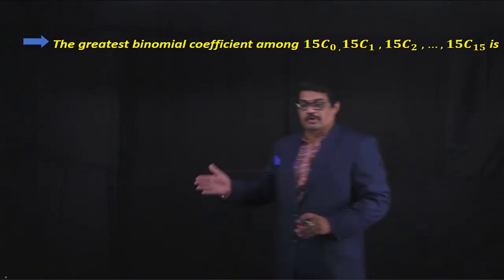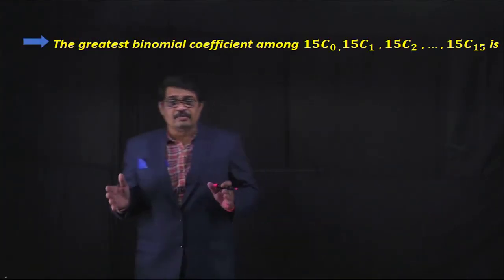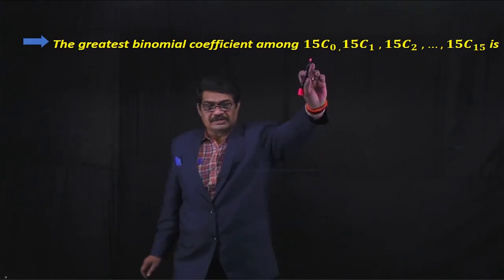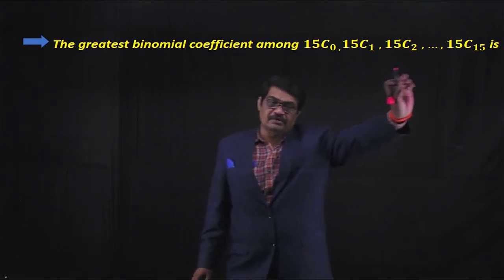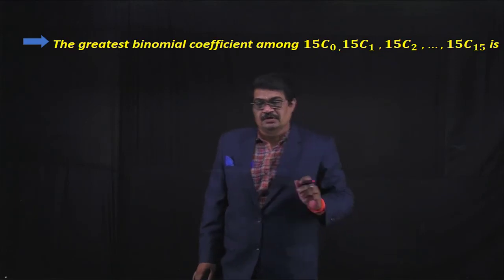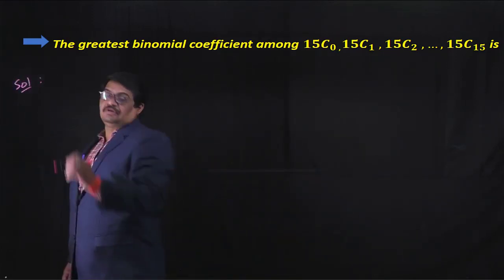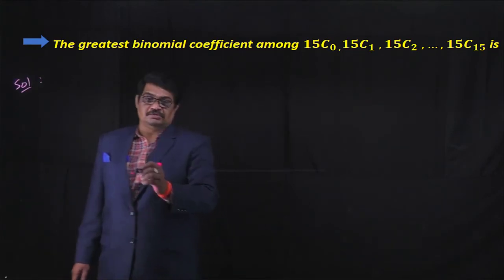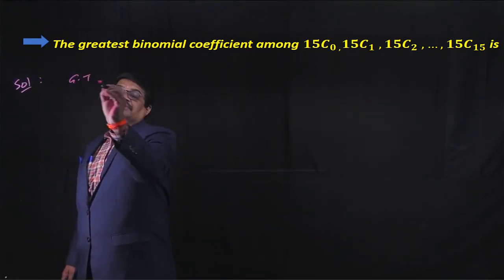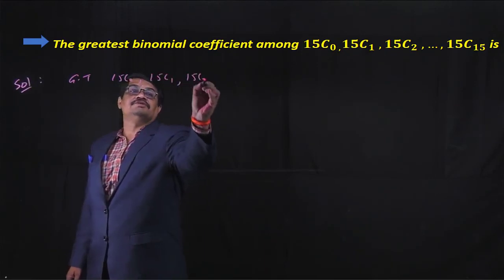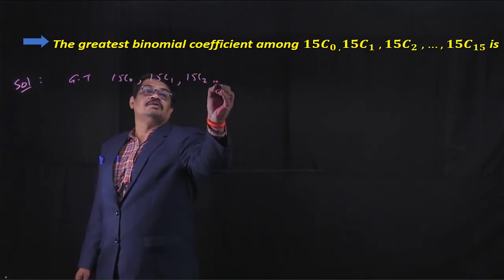Okay, see the problem. The greatest binomial coefficient among the coefficients 15C0, 15C1, 15C2 and so on up to 15C15. In that we have to find the greatest binomial coefficient.